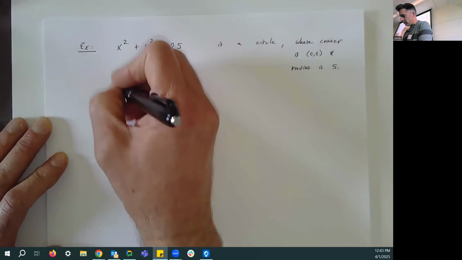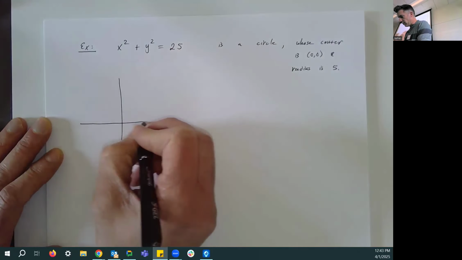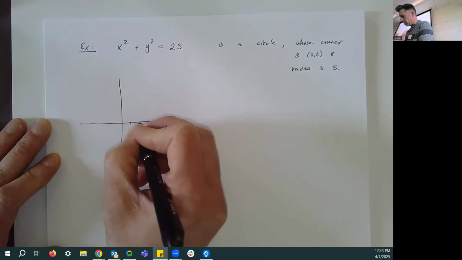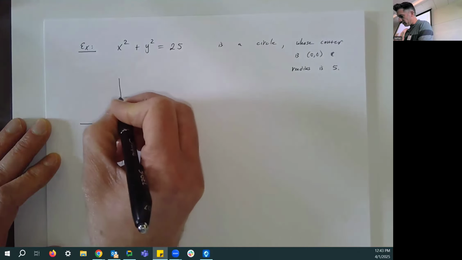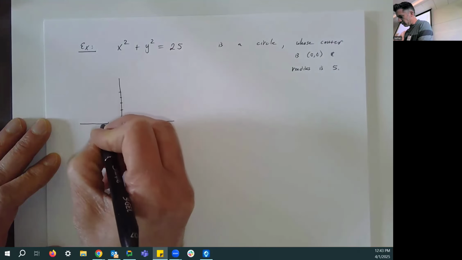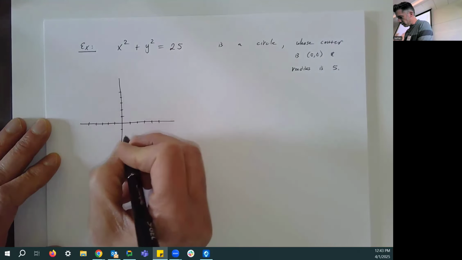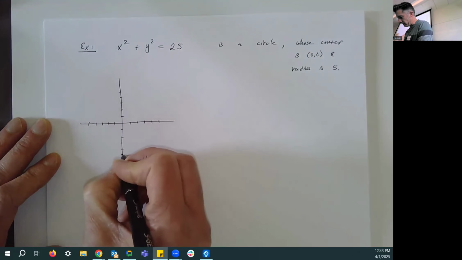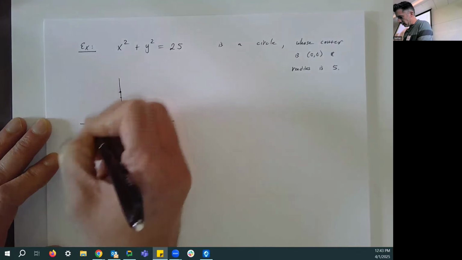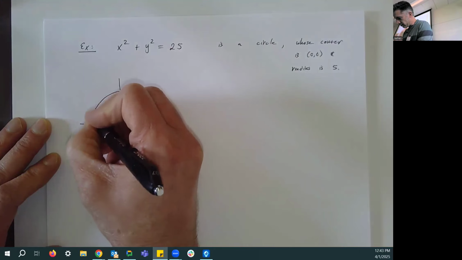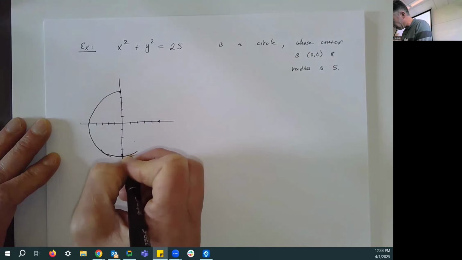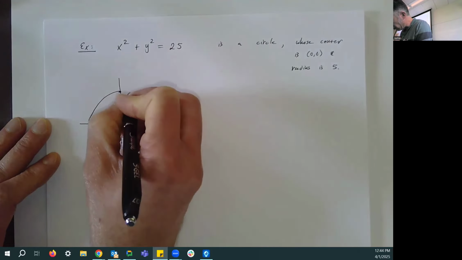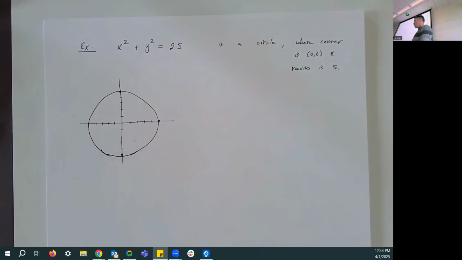So we graph this thing. The way I would graph it is by going 5 in each of the 4 directions. 5 to the right, 5 up, 5 left, and 5 down from my center. And then drawing my circle. Whoops, sometimes the circle doesn't look perfect. That's okay. That's a okay circle.